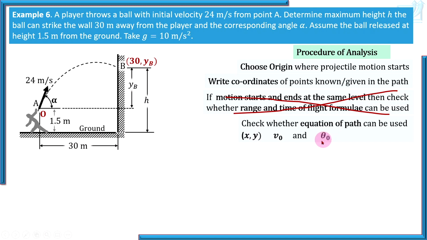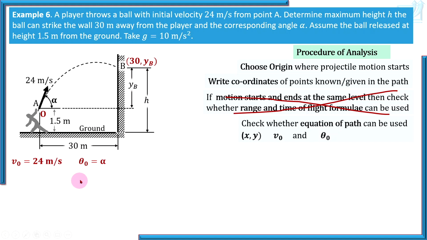The y coordinate is to be found out, and theta 0, which in this case is alpha. So y and theta are to be found, x is given, v0 is given. So given and asked are amongst these four parameters, so we use the equation of path.